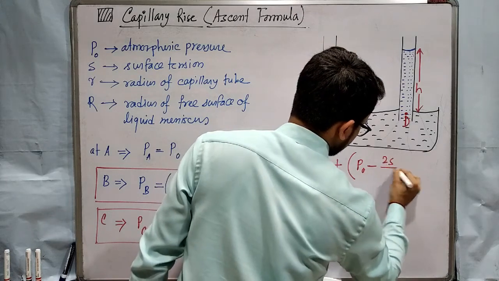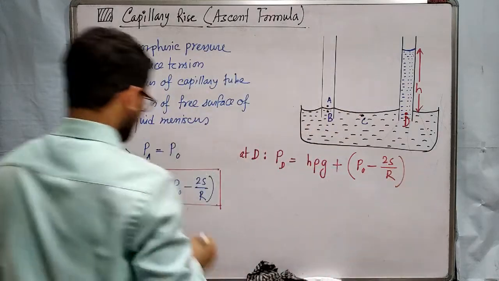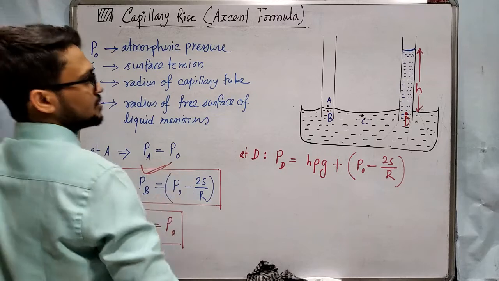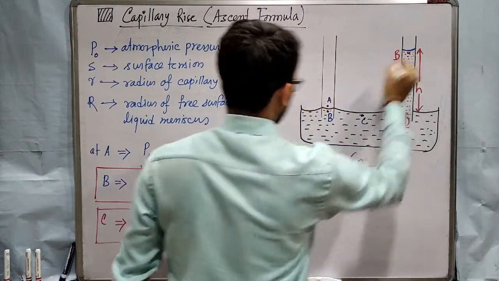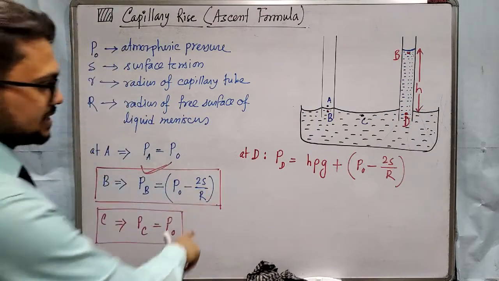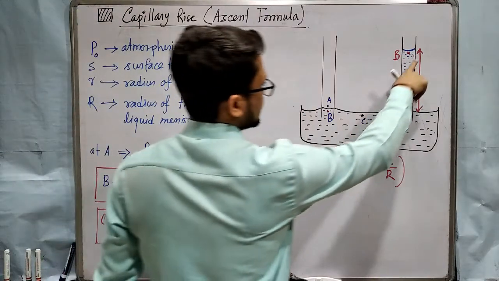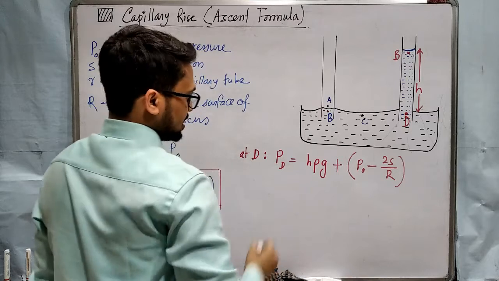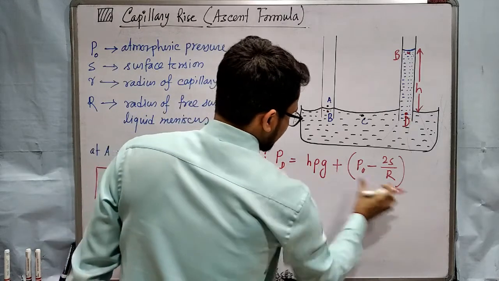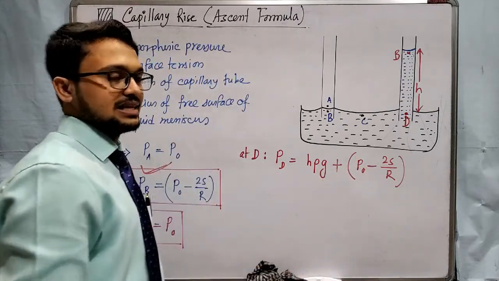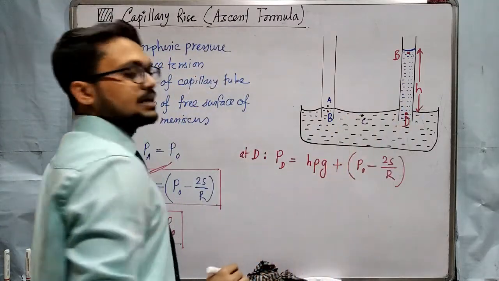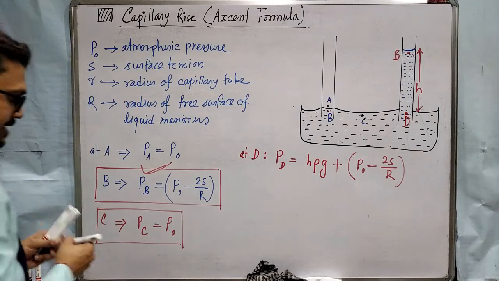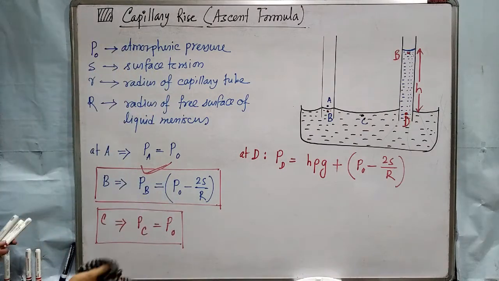P0 minus 2S by R. If this is point B, then this part will be there, P0 minus 2S by R, and another pressure we are getting due to height. Now both of them, this plus this, will balance the atmospheric pressure. So now PC and PD will be equal. Clear? So from this concept we will find H.